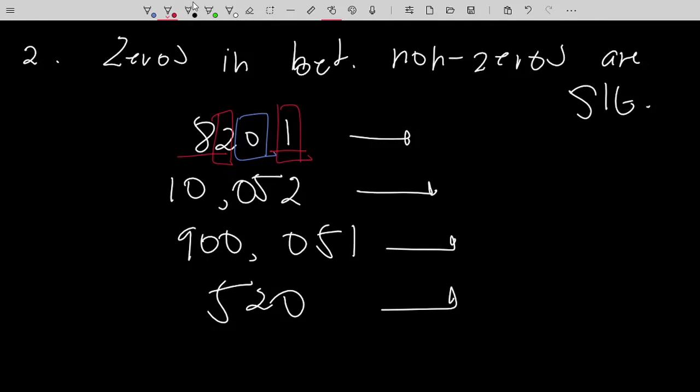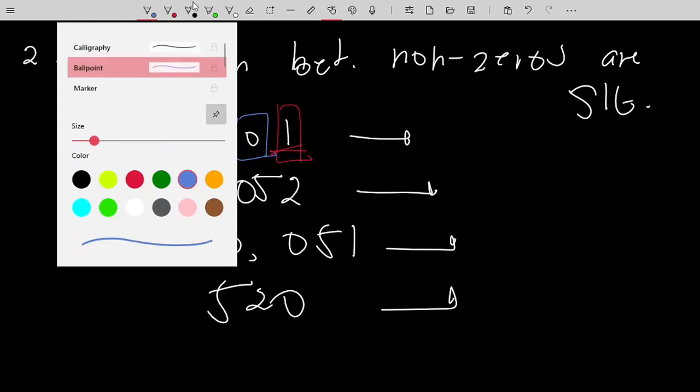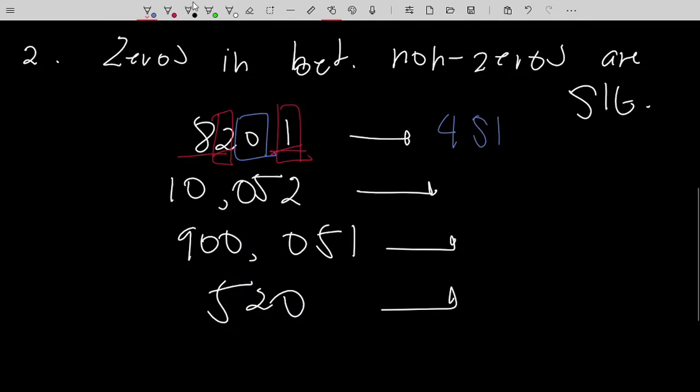So even if it is a 0, it will be automatically significant because it is located in between non-zeros. So here we have 4 significant figures.